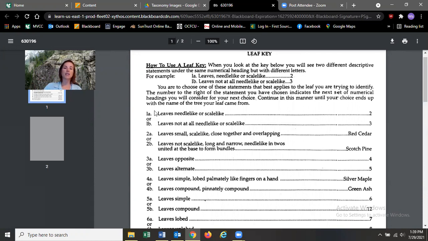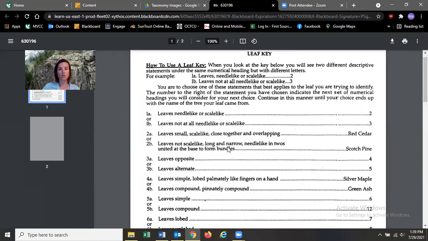So each number gets an A or a B. And then notice over here, this is our go-to. So if I were needle-like, I would then go to number 2. And I would jump down here and I would say, okay, let me consider the characteristics of 2 and decide what I do from there. If I were a needle and they were small, scale-like, and close together, overlapping, I would be a red cedar.